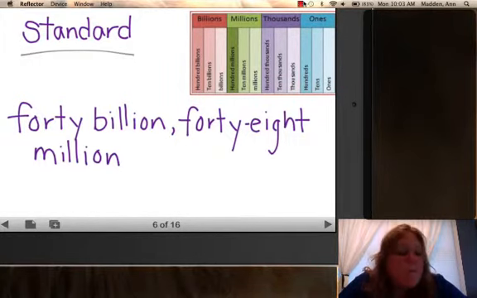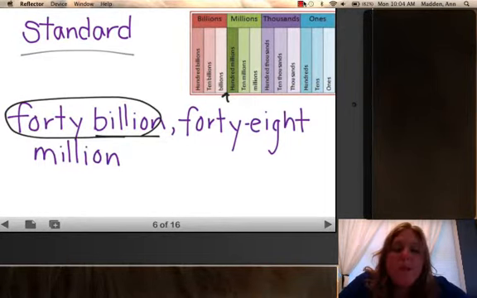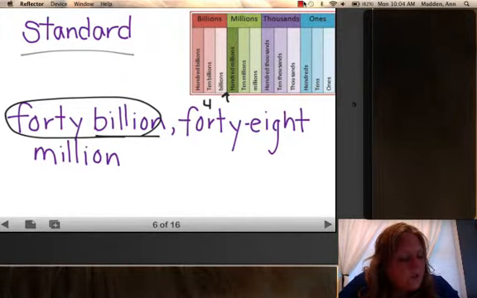So I've got 40 billion. I remember from before, when I say billion right here, I need to have it end where my comma would end. So 40 billion belongs in the billions period. 40, I hear the number 40, so I'm going to write down 40.